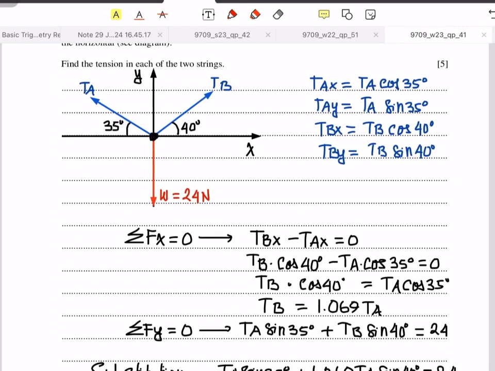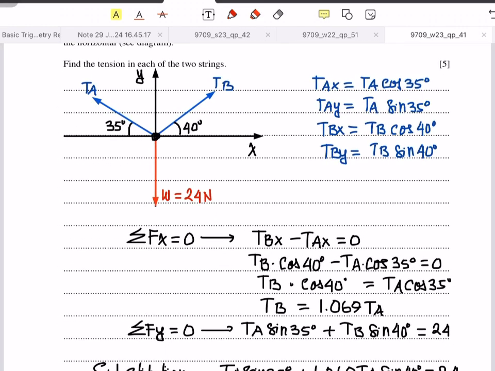Now we apply the conditions for equilibrium. We have two conditions here. The first one is that the net force in x direction is equal to 0. In x direction, we have TBX to the right and TAX to the left. So the equation in x direction will be TBX minus TAX is equal to 0.